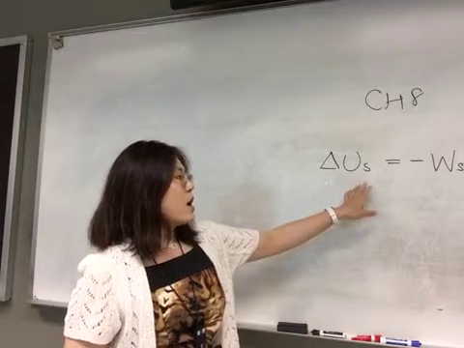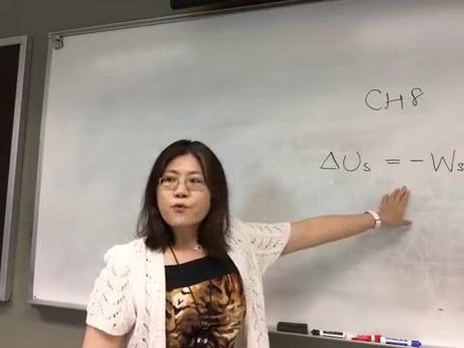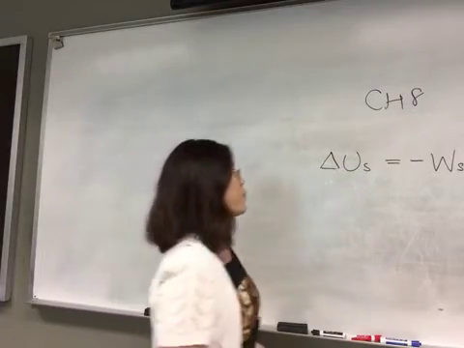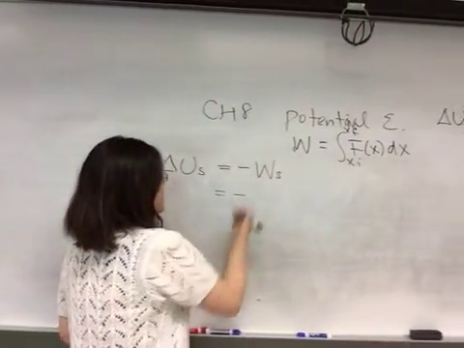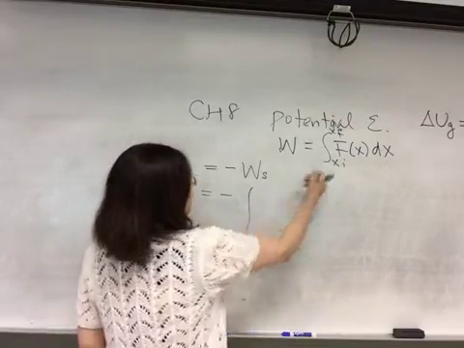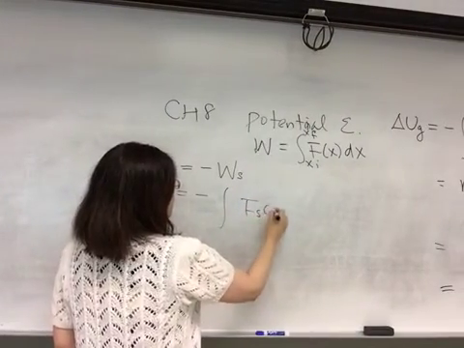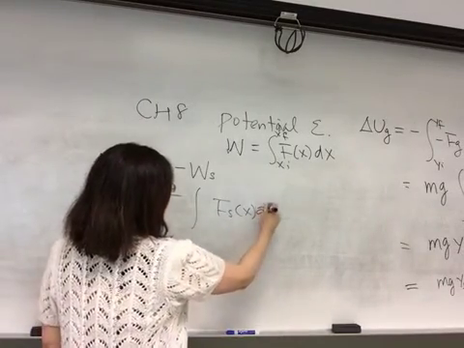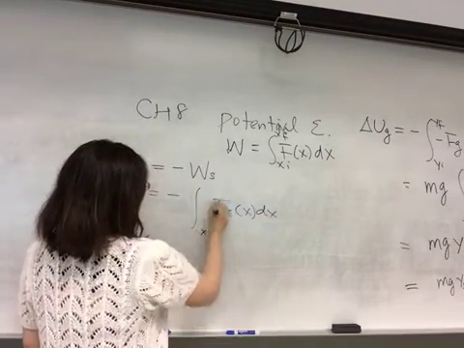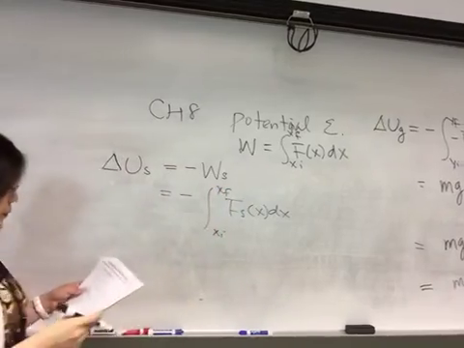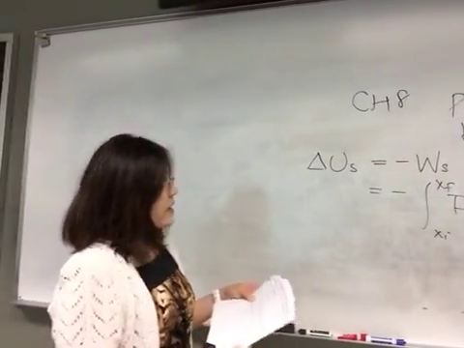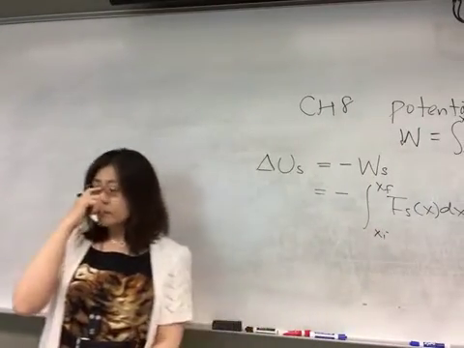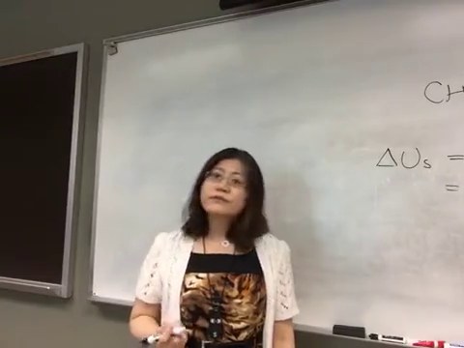So when you have the work done by spring force, it is the negative of the potential energy done by the spring force. So then we have a negative here, and then you have the spring force, which is now a function of position, dx, and x goes from the initial position to the final position. What is the expression for the spring force?